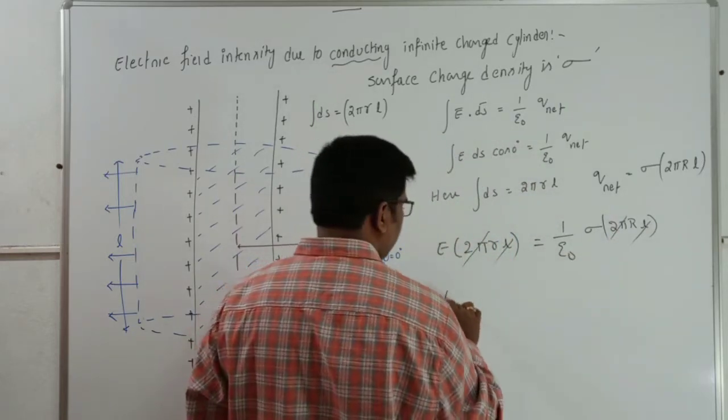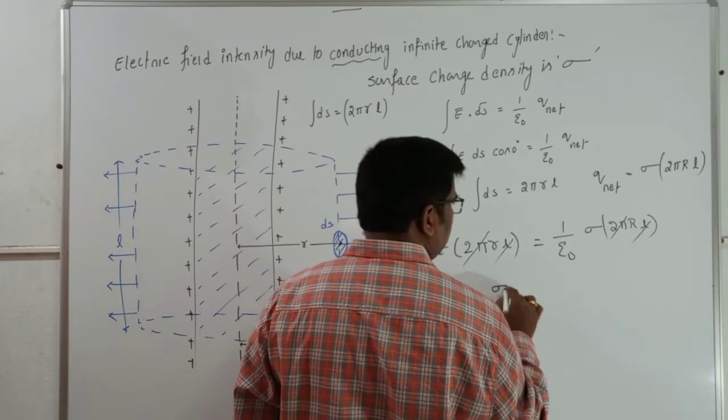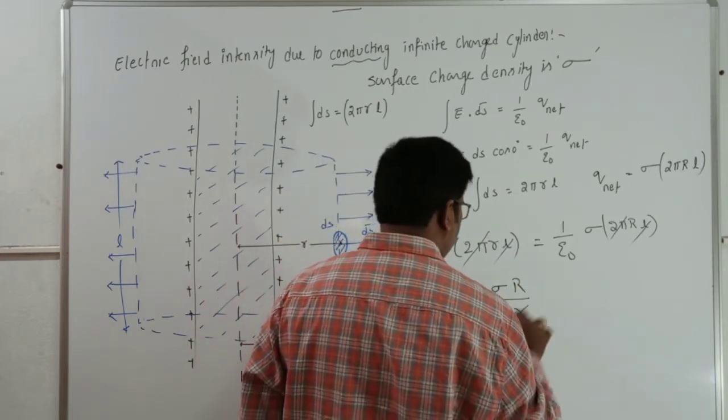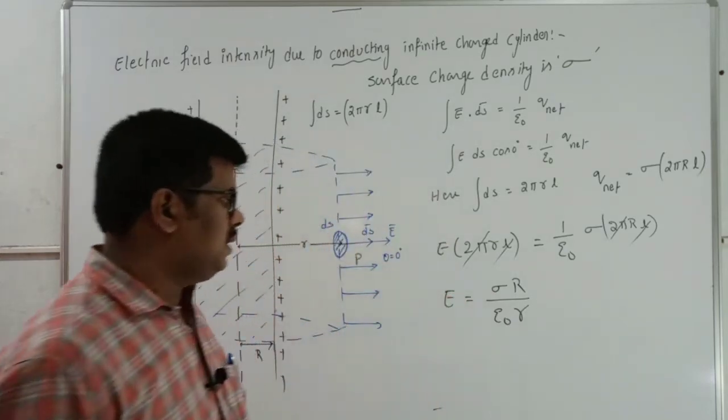Then the electric field intensity E equals sigma R by epsilon naught small r.